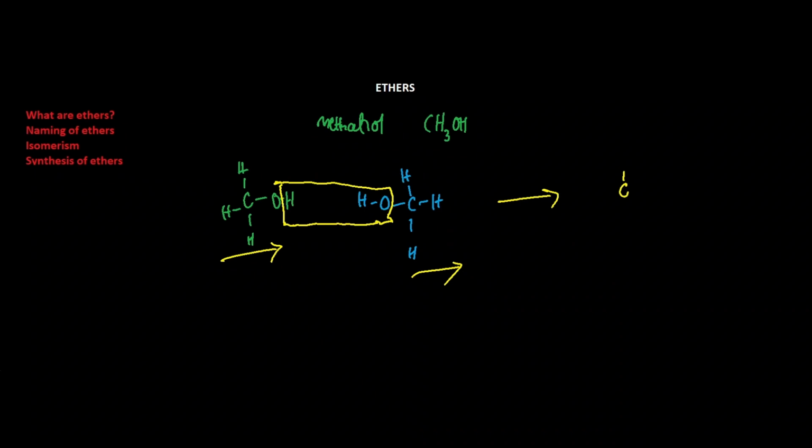Okay, that looks like this. Let me just take this out. So we have this part, CH3. This is what is left of the alcohol in green. And of course the oxygen atom, and for the alcohol in blue, this is what is left.